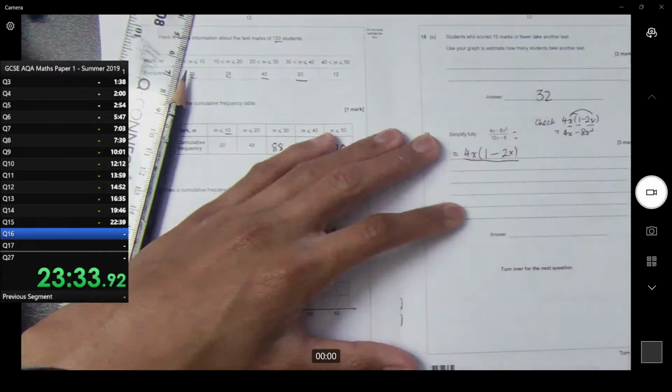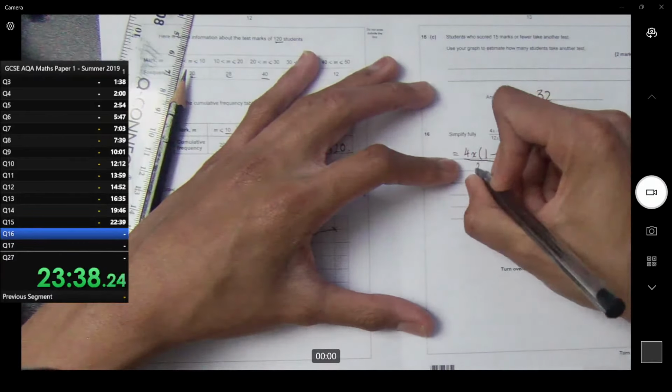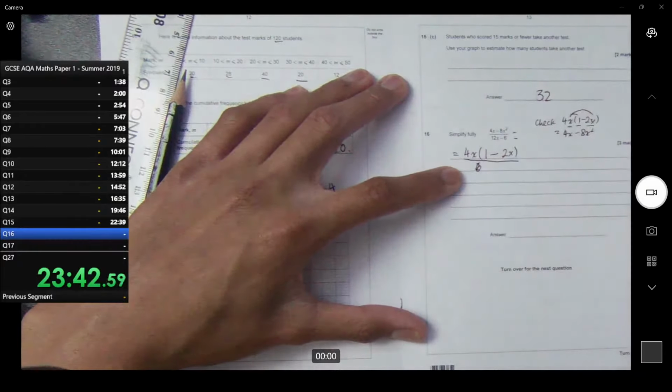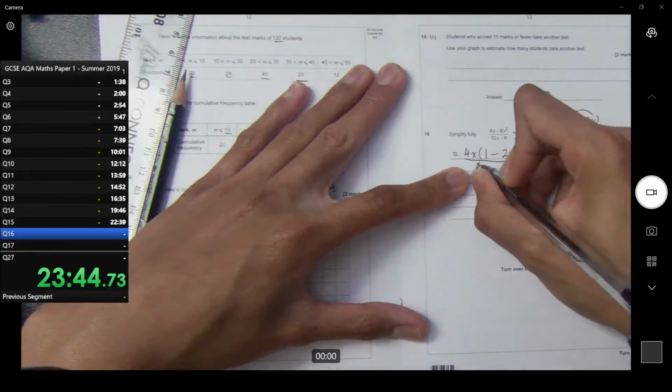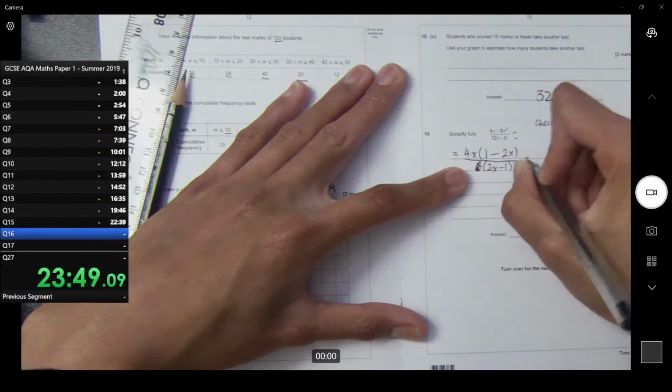Now the bottom would be 12x minus 6. The only thing we can get out of it is just 2. Or actually 6, almost. So if you take the 6 out of both, we get 2x minus 1.